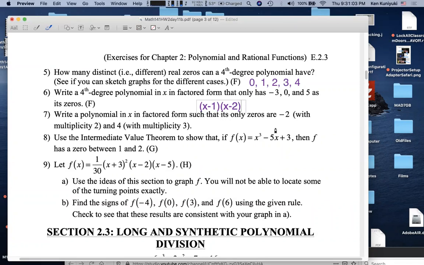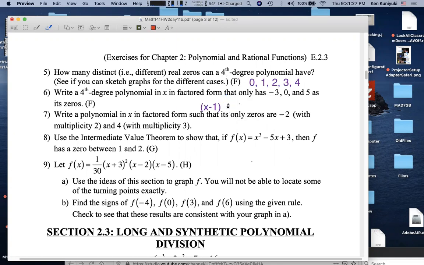This guy has zeros at x equals 1 and x equals 2. This guy has 3 real zeros. Oh, but wait a minute. It says 4th degree, right? x minus 1 to the 4th. Okay, that has one distinct real zero, 1 with multiplicity 4. I forgot we need 4th degree.